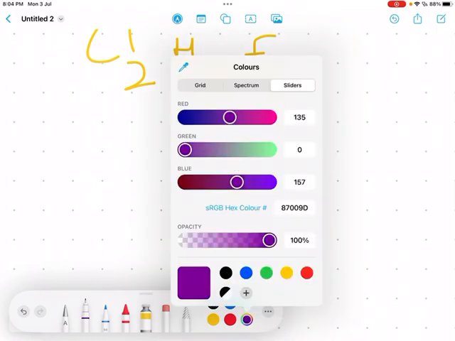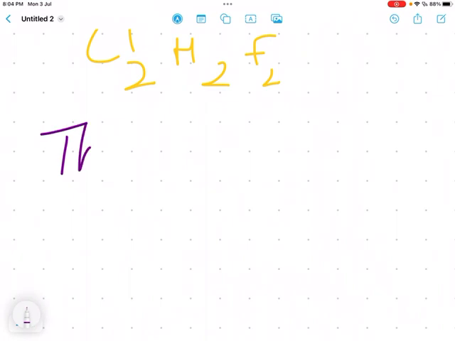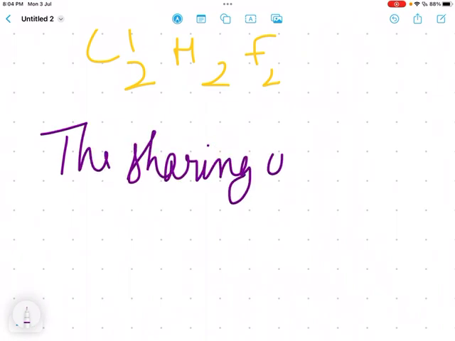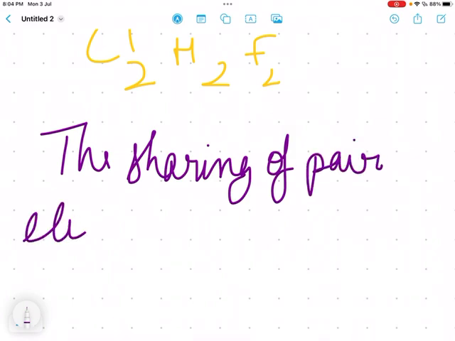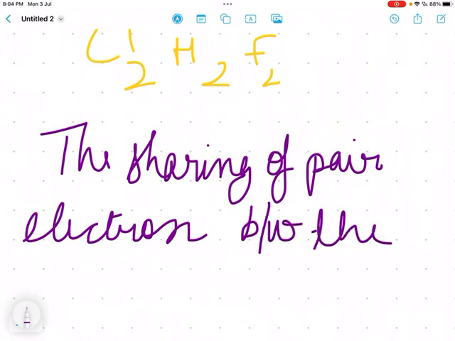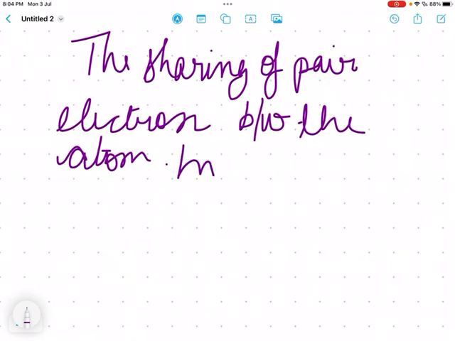The sharing of a pair of electrons between the atoms. In this process, each atom attains stability. What gets stability?